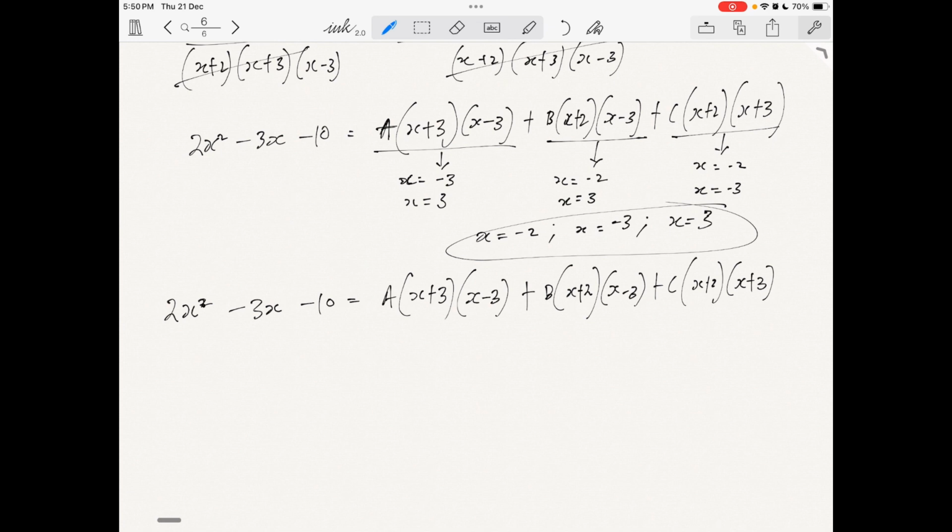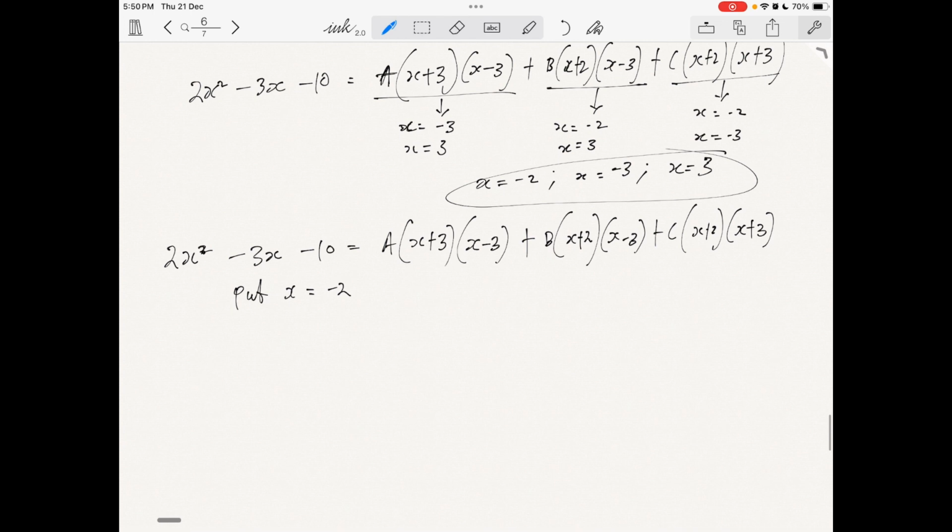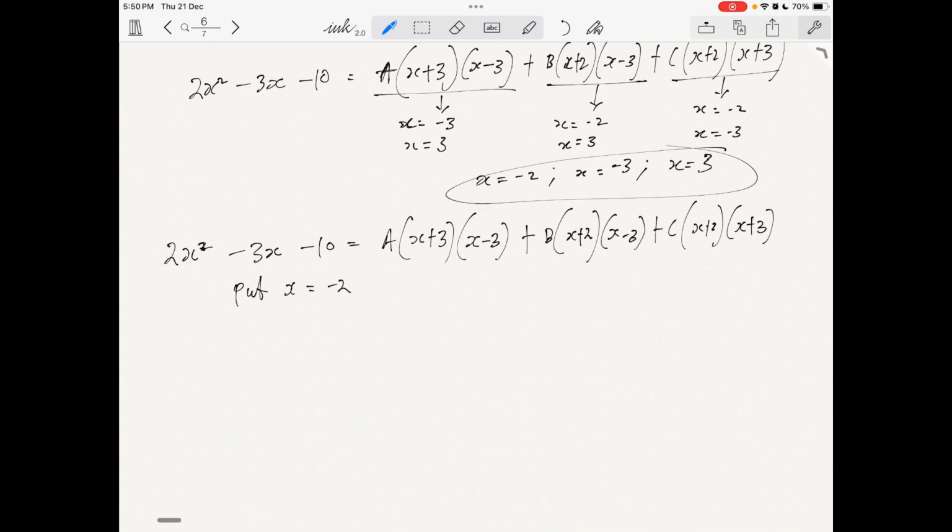Now let's put x to be minus 2. So wherever we see x, we put minus 2, right?